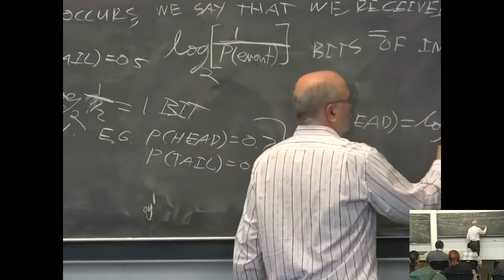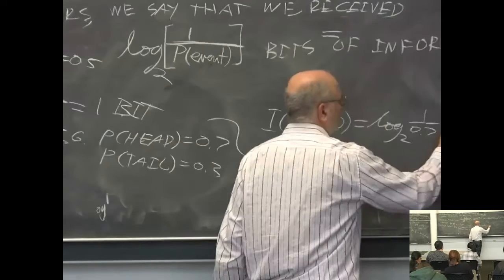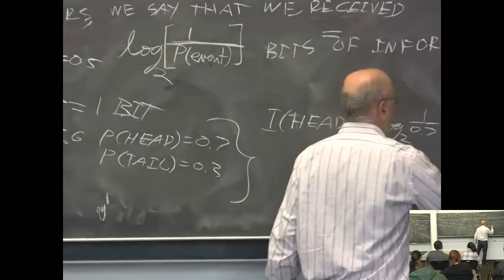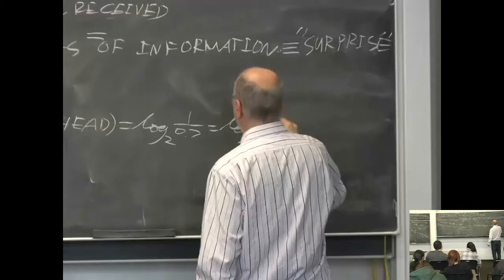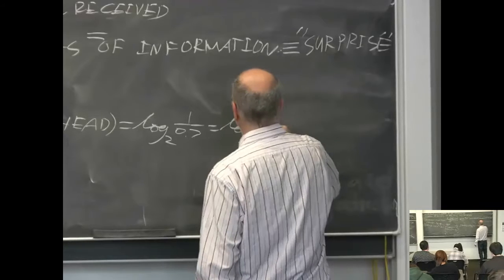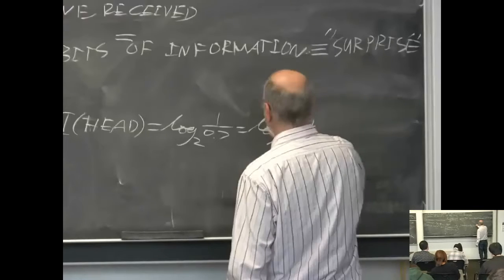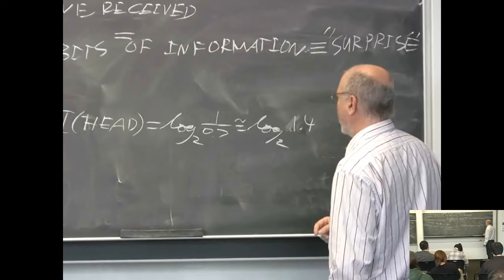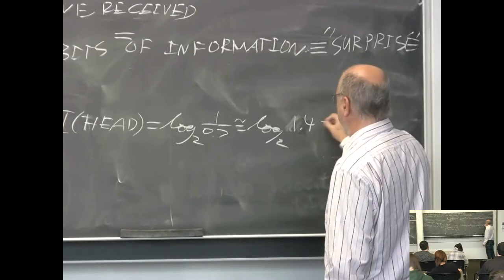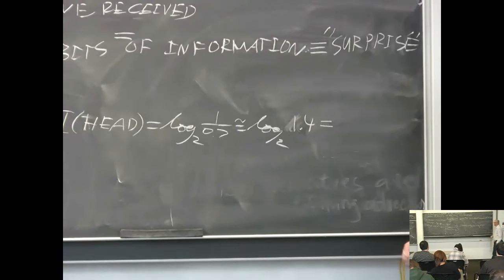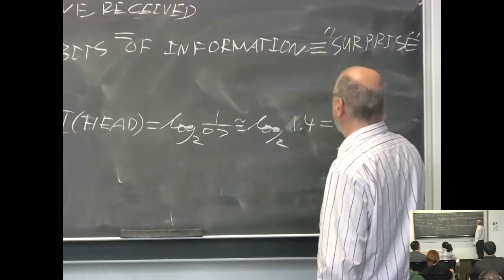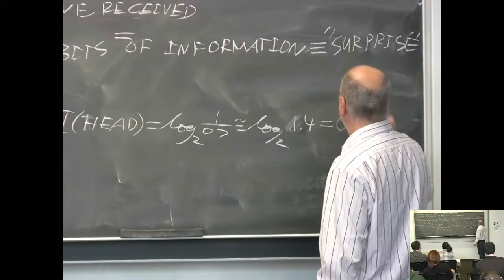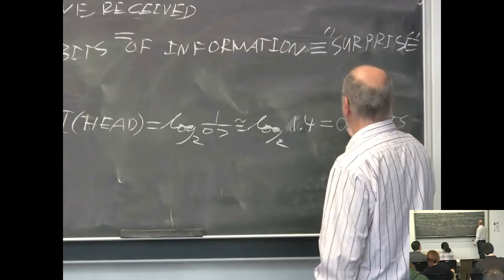It is log base 2 of 1 over 0.7, which is log base 2 of about 1.4 something. Which is about 0.5 bits.